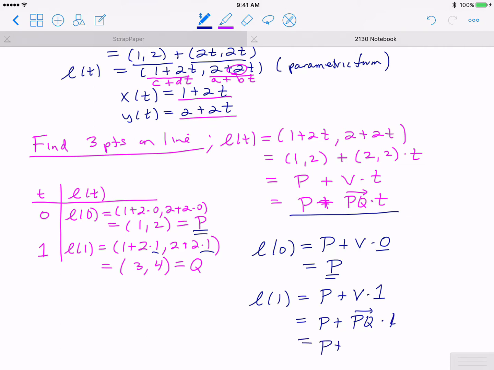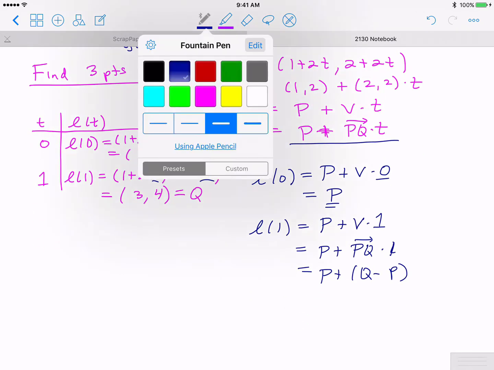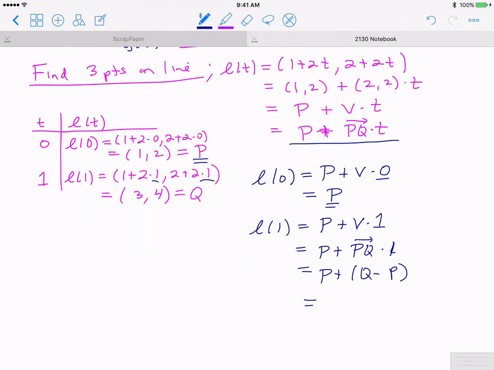Our direction vector was a difference of 2 points, and therefore p plus q minus p. P minus p is 0, and then we're left with the point q, which is what we were expecting to get there.